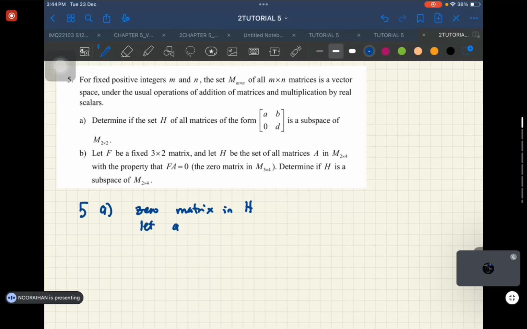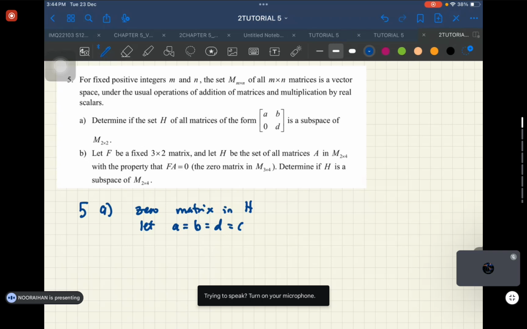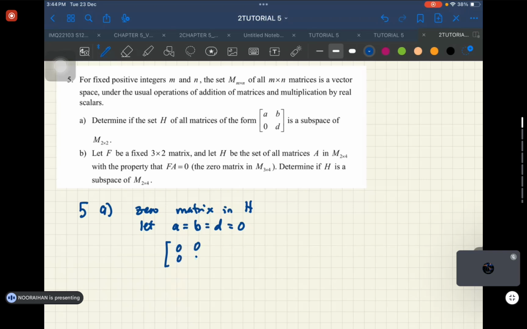Let A equal B equal D equal 0. So you will get 0, 0, 0, 0. Okay. This is an element of H. So the zero matrix passes. Okay. This is for the first condition.